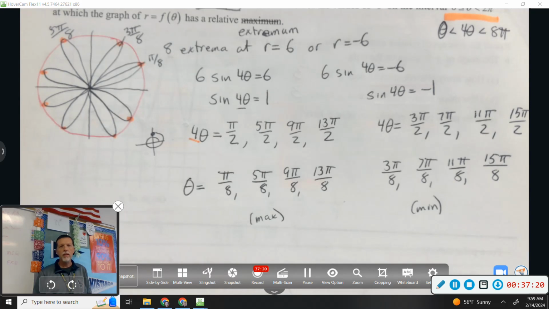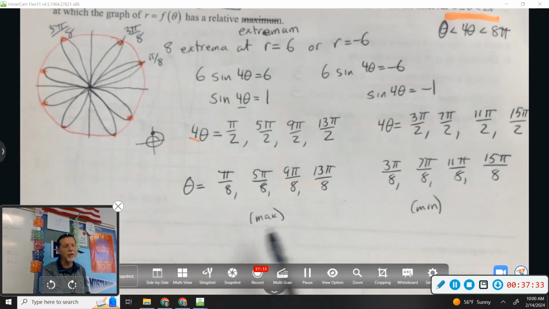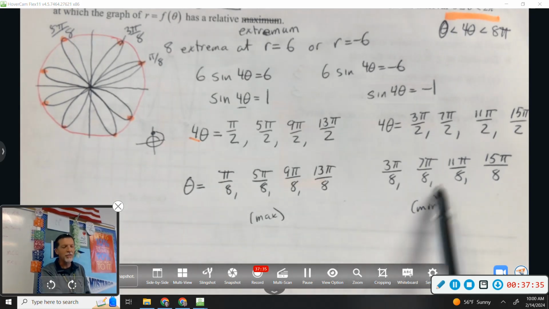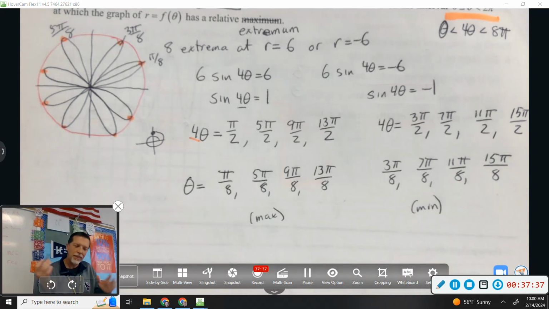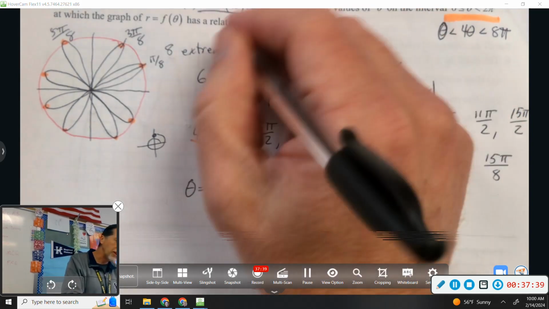And again, College Board is kind of weird on whether they think those are all maxes or, like, in part of their definition they would say all of these are maxes, but in another part of the definition it would differentiate between the maxes and the mins. That's why we're going with extrema and not worried about it.